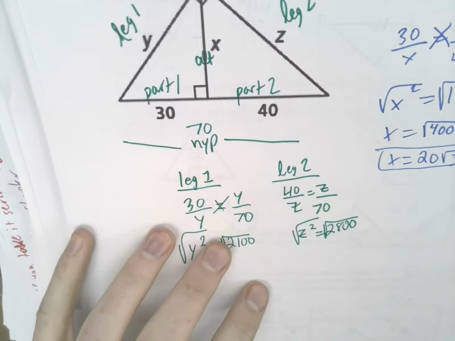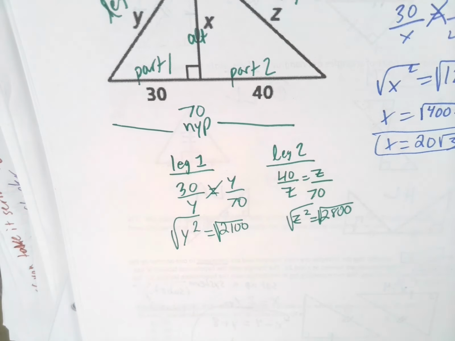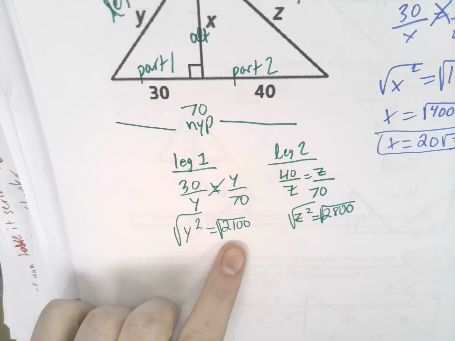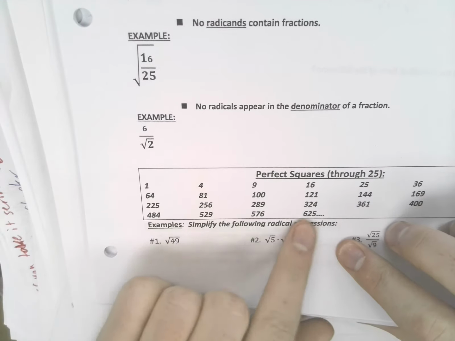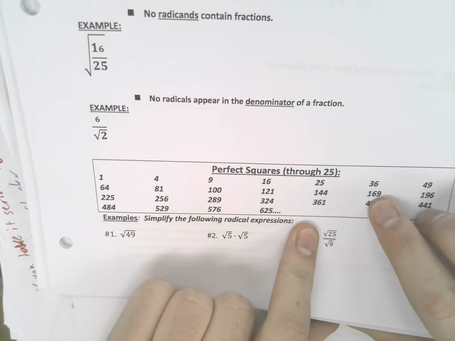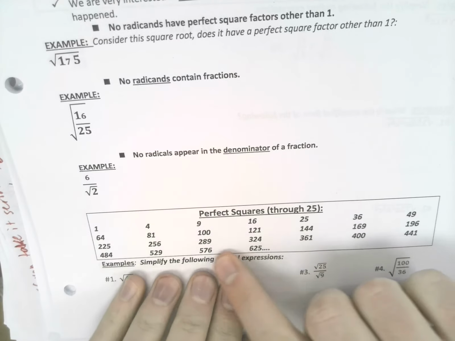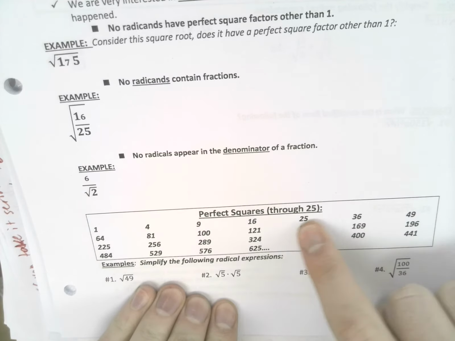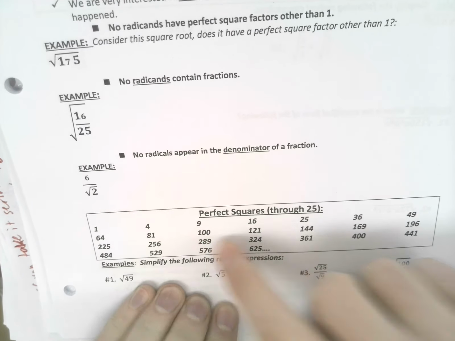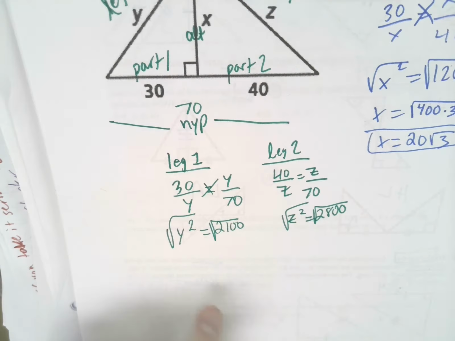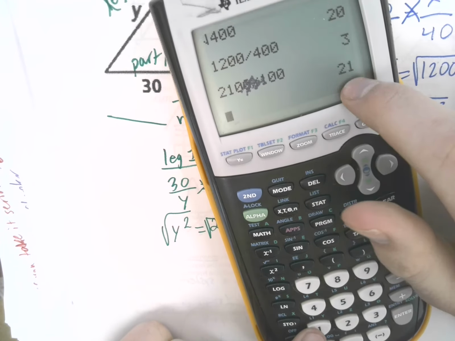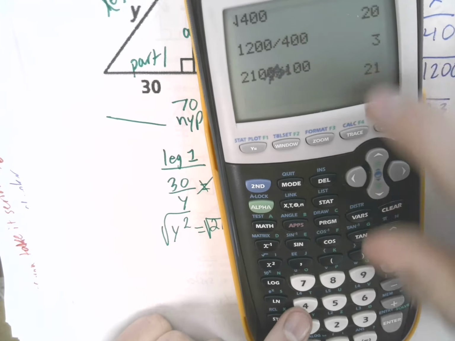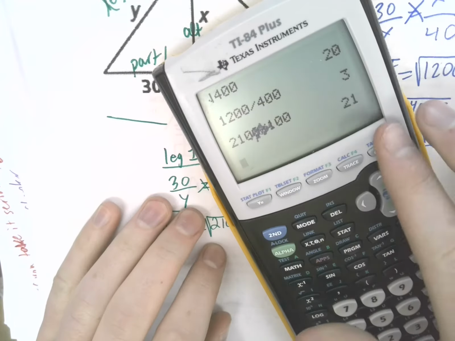Now for leg 1, we see that we've got 2100 is our number, because again 30 and 70 are not perfect squares. I'll look and say, I doubt it's going to be any of these. 400 won't go into 2100. How about 100? 2100 divided by 100 is 21 times. That's perfect, because 21 can't be broken down by any more perfect squares.